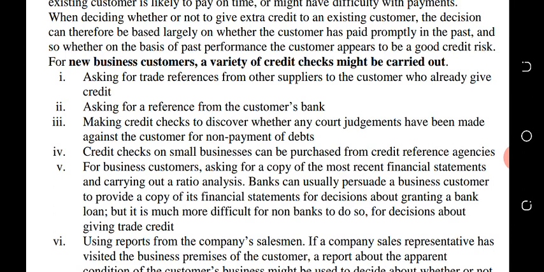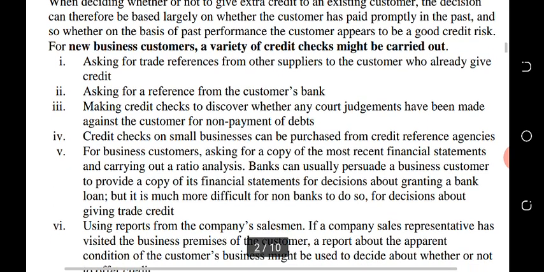Somebody should refer them, somebody should guarantee them. You should ask your previous suppliers to write to us and tell us that this particular company will pay its debt when due. Then we will be assured that the customer will pay its account.